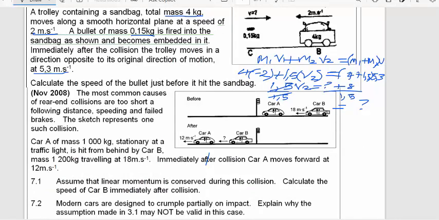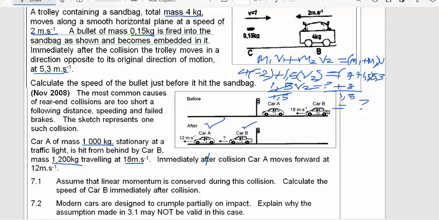A car A of mass 1000 kg, stationary at a traffic light, which is this one here, is hit from behind by car B. So this is car B, which hits this car A. Car B has mass 1000 and is traveling at 18 meters per second.